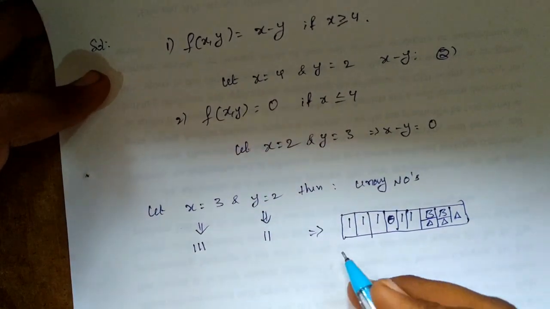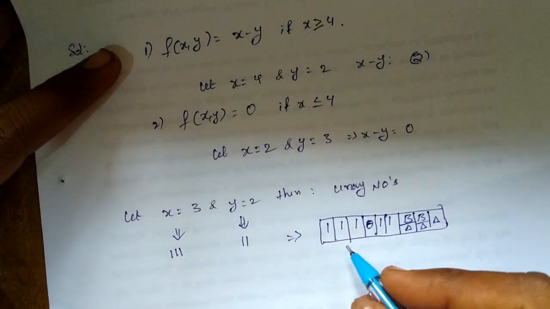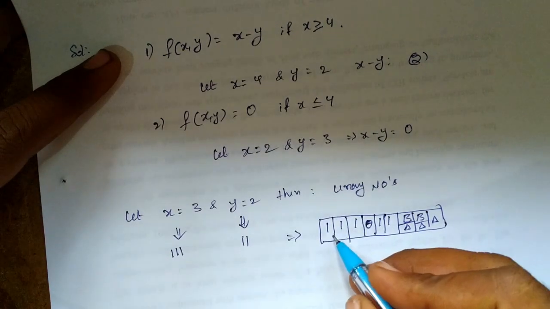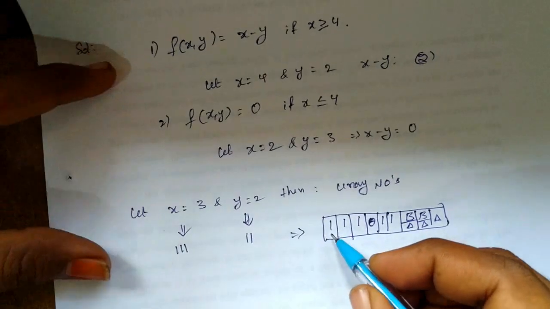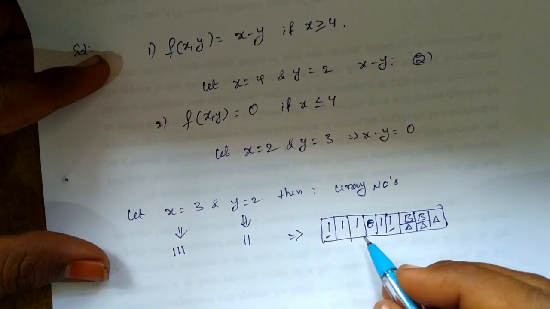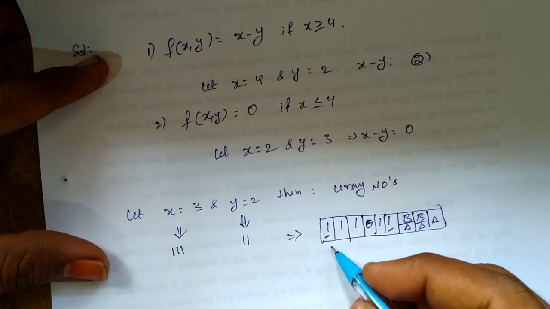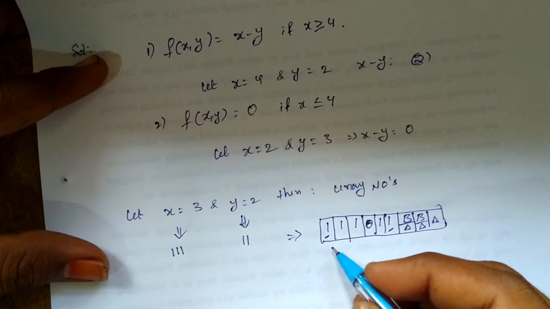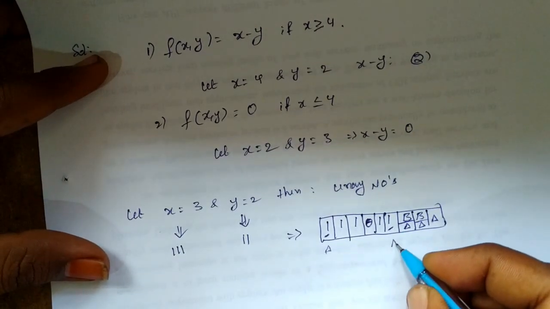To calculate the subtraction of these two numbers, first we consider a value from x. This one and this one can be balanced. That means this one can be marked as empty, that is, removed from the input tape. That means it can be treated as del, and this one also treated as del.